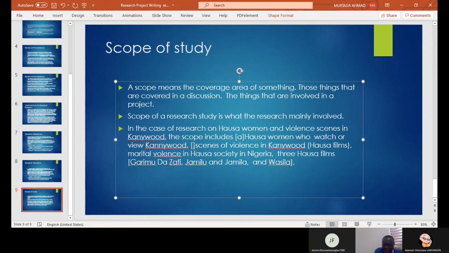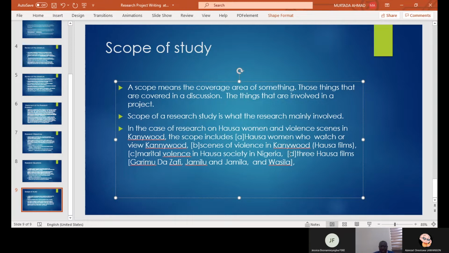Two is, let's say, B, scenes of violence in Kannywood, Hausa film. And another thing is marital violence in Hausa society in Nigeria. And of course, D, 3 Hausa films.